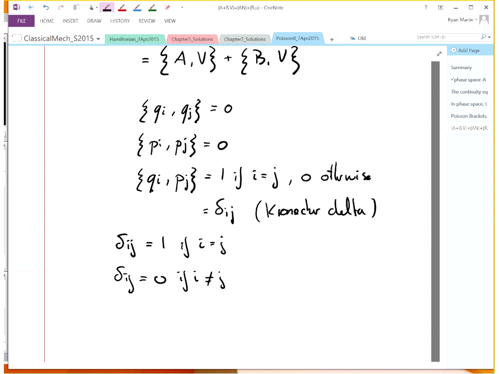So note in particular the Poisson bracket that we just did, q_i with p_j, the coordinate with its conjugate momentum. That's exactly the commutator that comes up in quantum mechanics all the time. It's always a commutator between x and p_x, for example. And that's equal to iħ in quantum mechanics, whereas here it's just equal to 1.